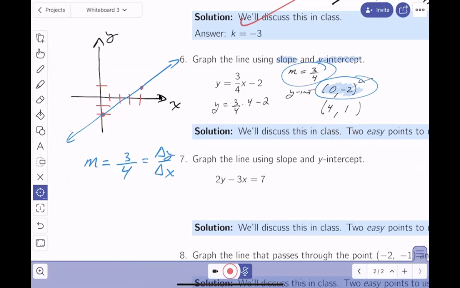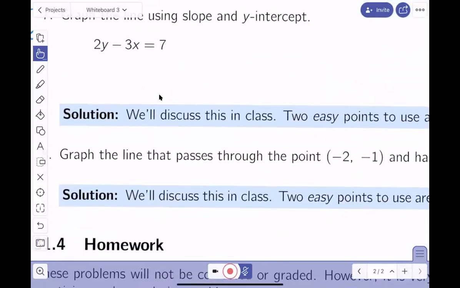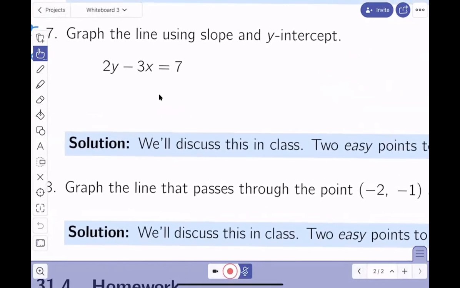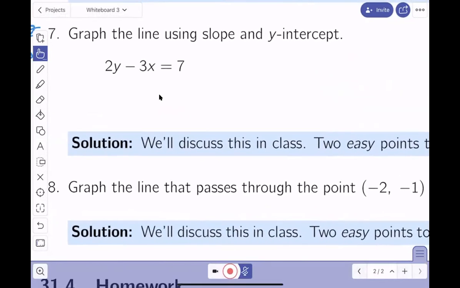All right. Let's do this one over here, number 7. And number 7 doesn't look too bad. So graph the line using slope and the y-intercept. Well, what I'm going to do is solve this equation for y.